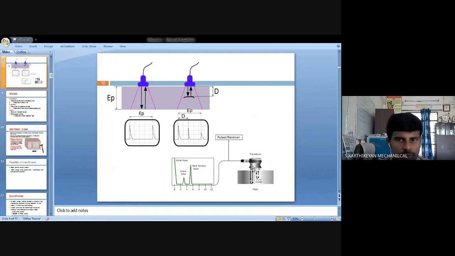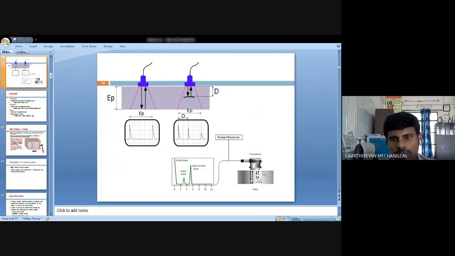We don't know where the exact defect is located, so we have to find it starting from the initial position. Initially, the transducer is set here and we set the signal. It transmits and returns. Here there is no defect, so as usual we get a simple front wall echo and back wall echo alone.